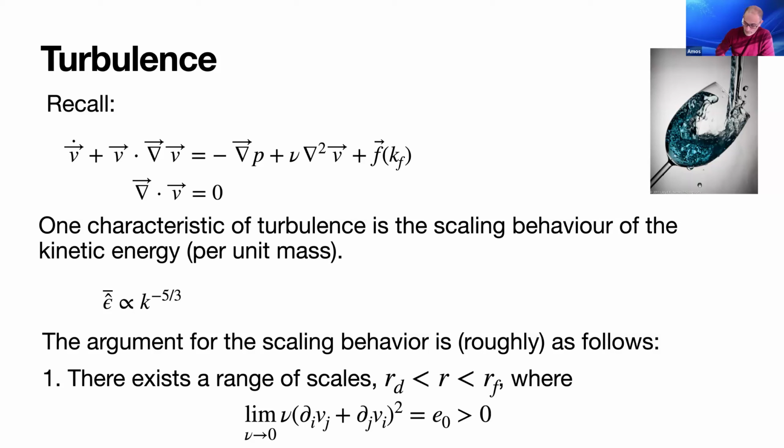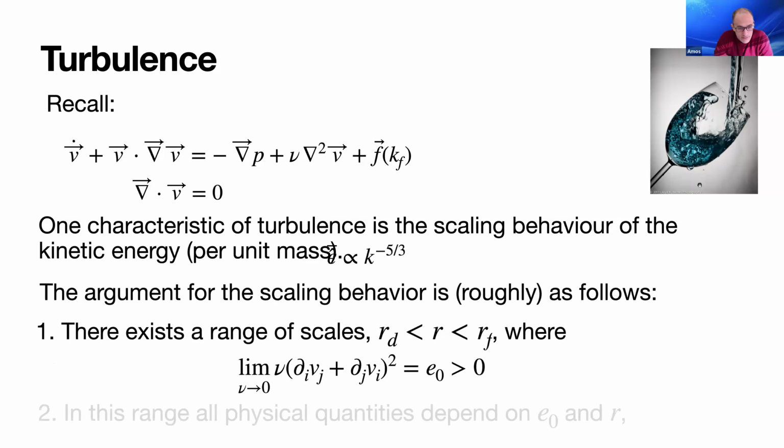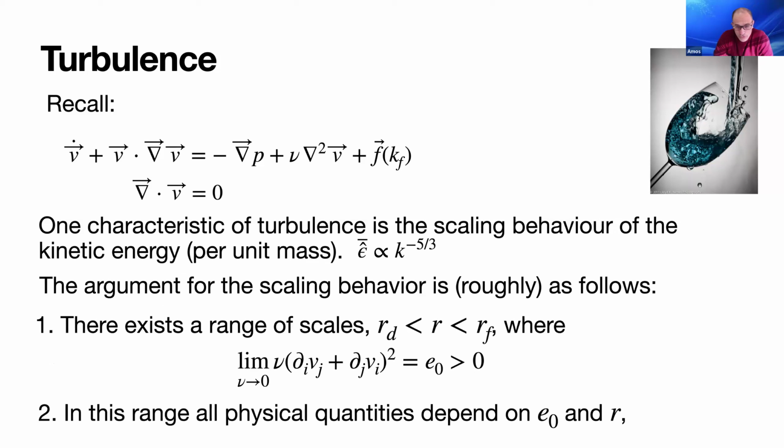Good. So this is one statement we're making, and the second statement is that in this inertial range, all the physical quantities are just going to depend on this dissipation rate E0 and on R, the scale at which we're probing the inertial range. Once you say this, then it's just dimensional analysis.